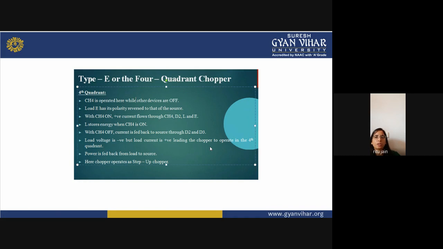With CH4 off, current is fed back to the source through D2 and D3. Load voltage is negative but load current is positive, so the chopper operates in the fourth quadrant. Power is fed back from load to source, so here the chopper operates as a step up chopper.